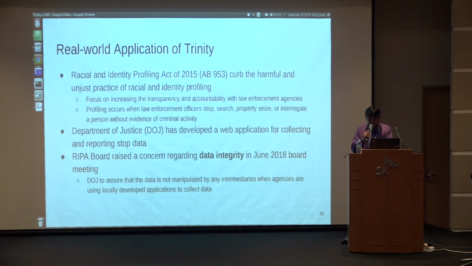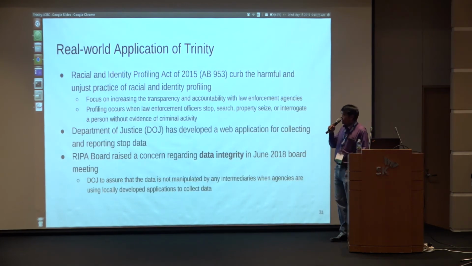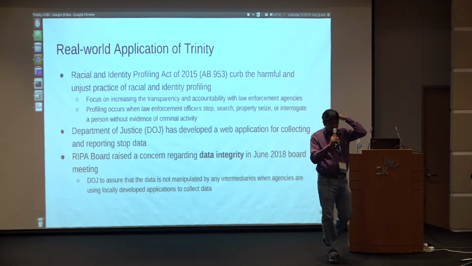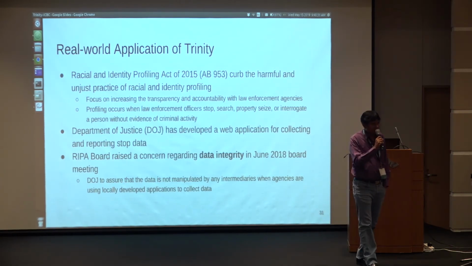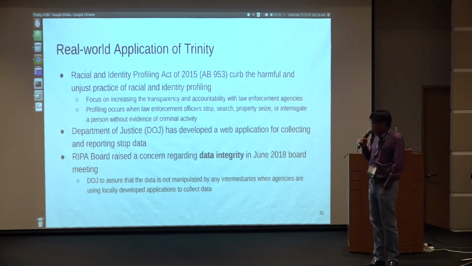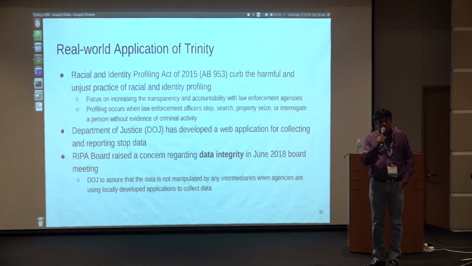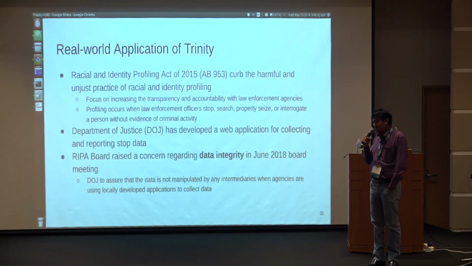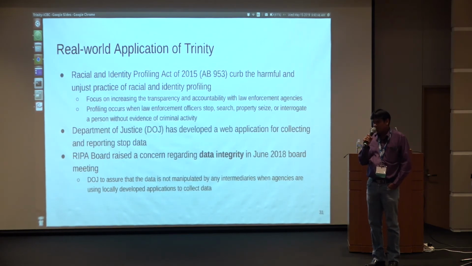Before I conclude my talk, I'll quickly talk about the real-world application of Trinity. We are currently applying Trinity to one of the real world use cases with the County of Los Angeles. They have this requirement that the Racial and Identity Profiling Act is trying to prevent unjust practice when performing profiling.